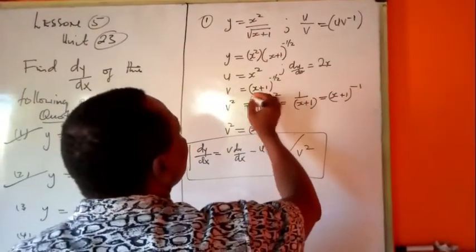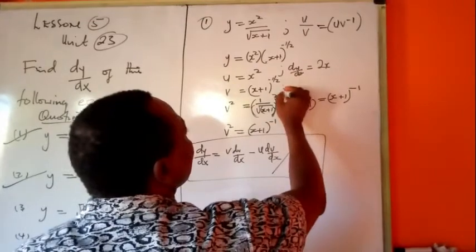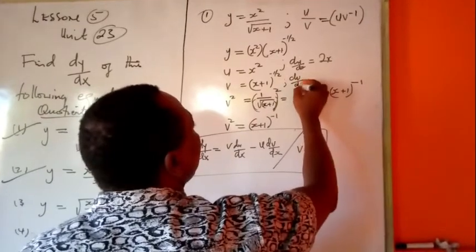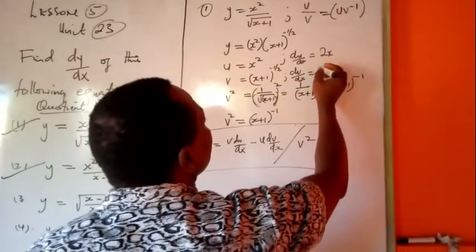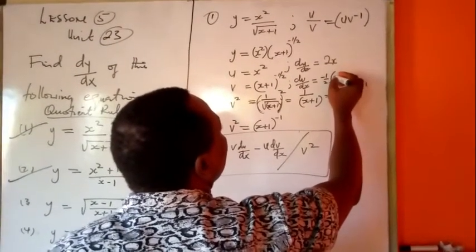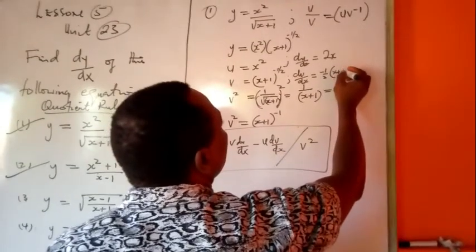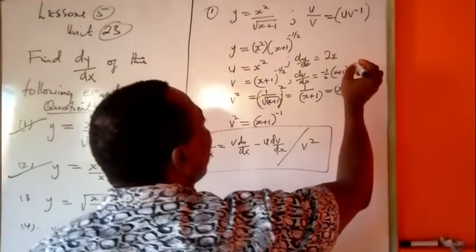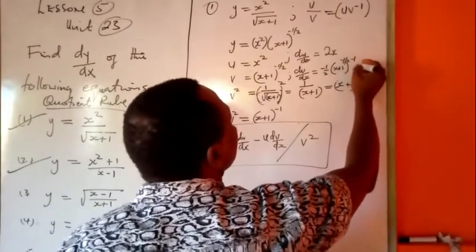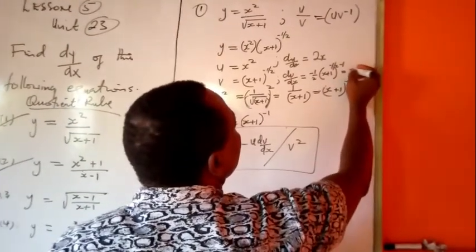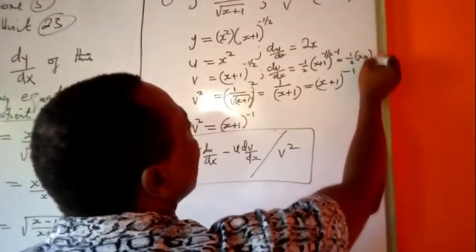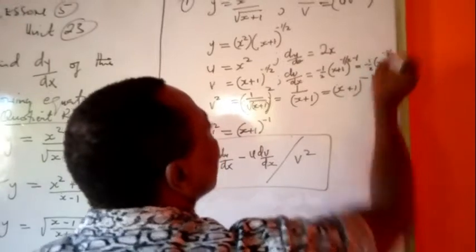Then, if you differentiate dv/dx, you are going to get minus 1 all over 2 into x plus 1 raised to power minus half minus 1, which will give us minus 1 over 2 into x plus 1 raised to power minus 3 over 2.